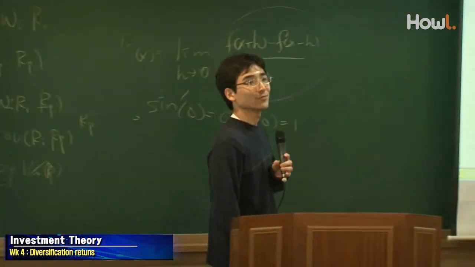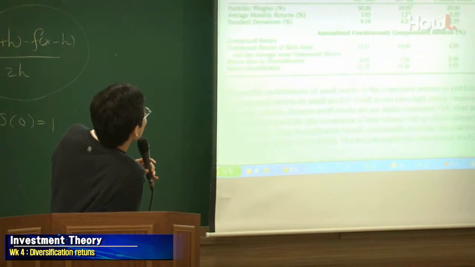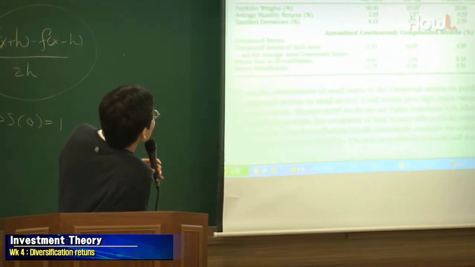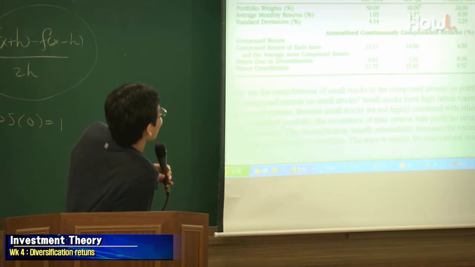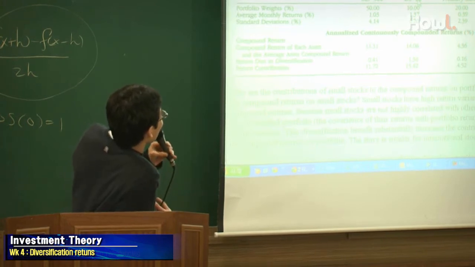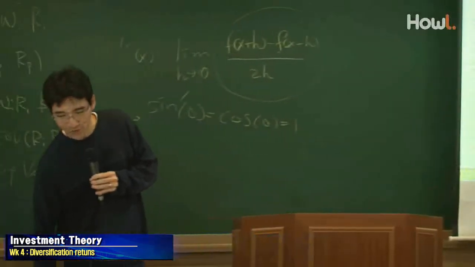Could you show us within the formula how you calculate the 1.36% return due to diversification of the US market? Actually, it is not possible given this data because we don't know the covariance.